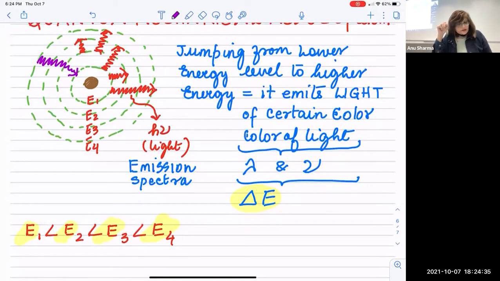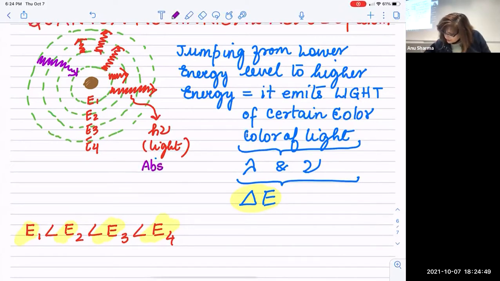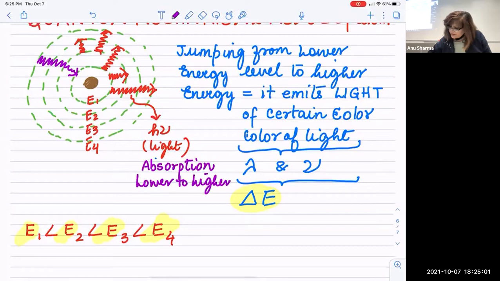One second, excited energy. Yeah, from lower to higher is the absorption. Sorry, this is the absorption spectra, not the emission. So lower to higher is absorbing, but when it's jumping from higher to lower, then it's emission. Sorry about that, so just fix it if you got it.